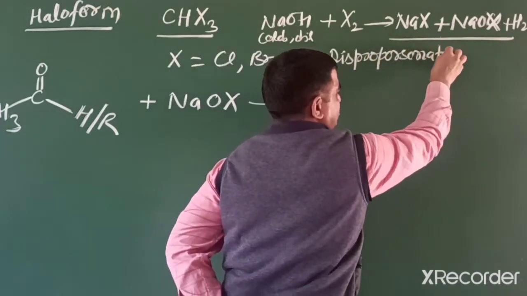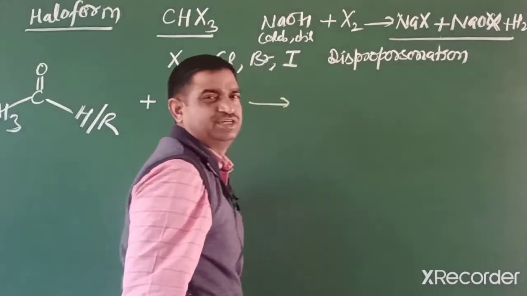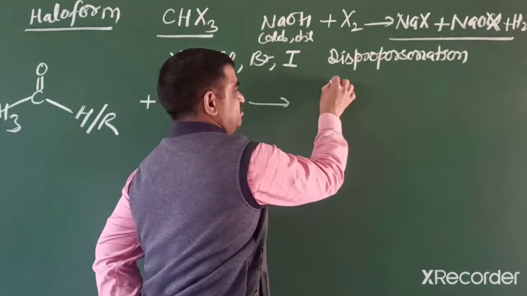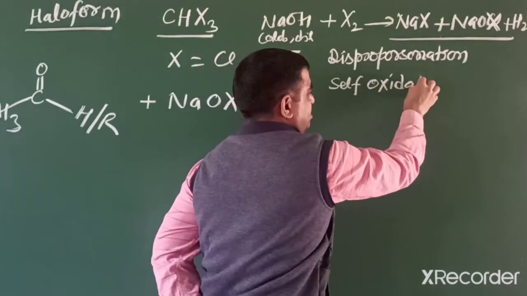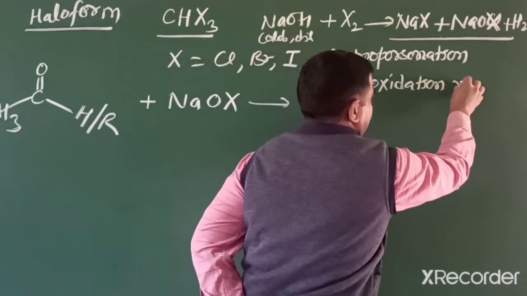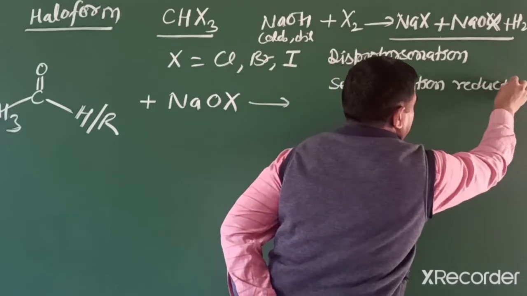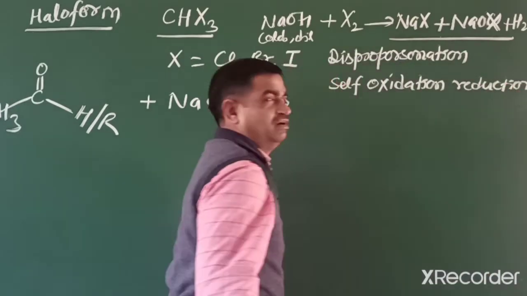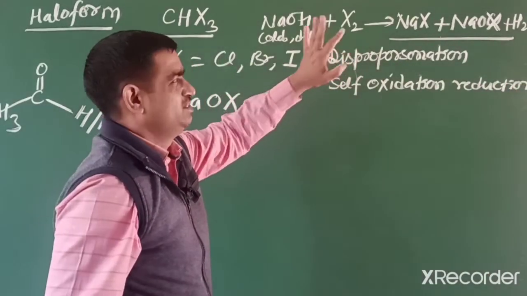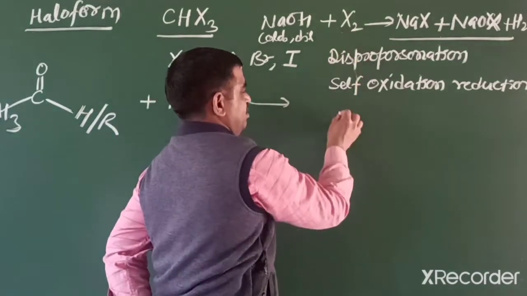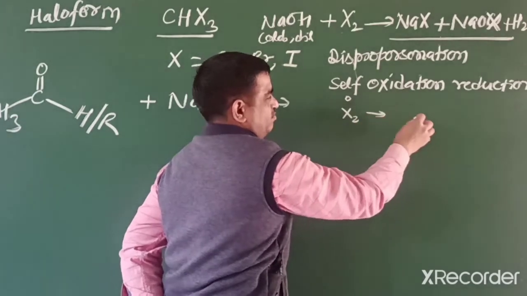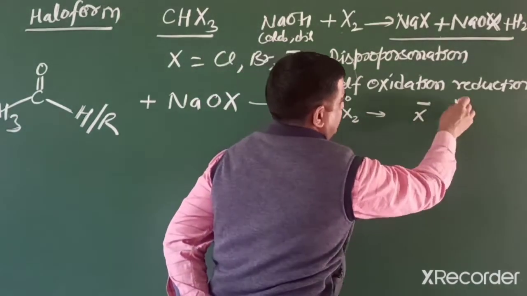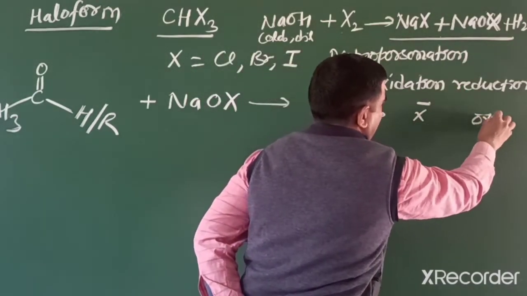Disproportionation means self-oxidation reduction. In this reaction, the halogen is oxidized as well as reduced, because the halogen oxidation state is 0 and it converts into halide and hypohalite, OX minus.